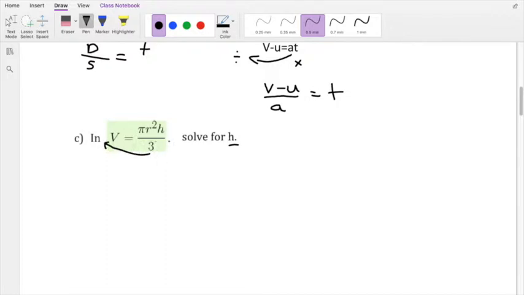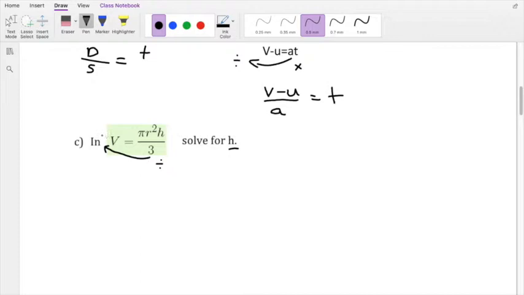And if we take a look here, the 3 is currently a divide. And the inverse, the opposite operation, for when it moves across that equal sign is to become a multiply. So let's move it over, and we're going to end up with 3v equals pi r squared h.